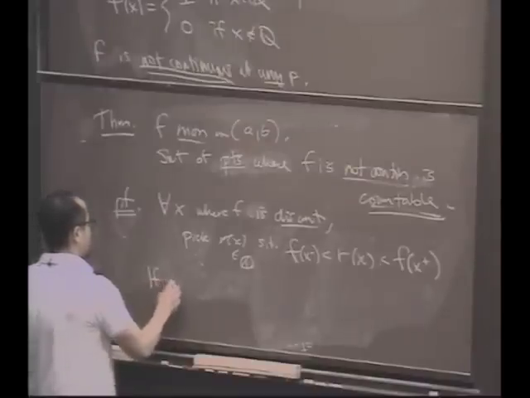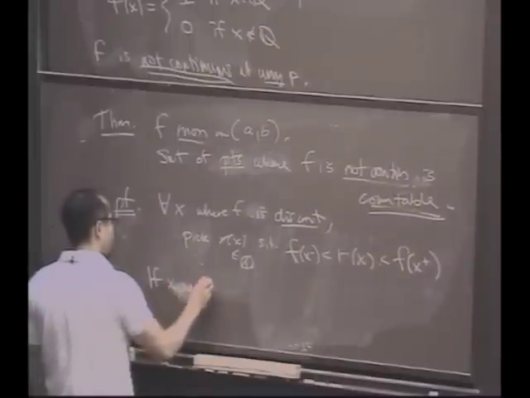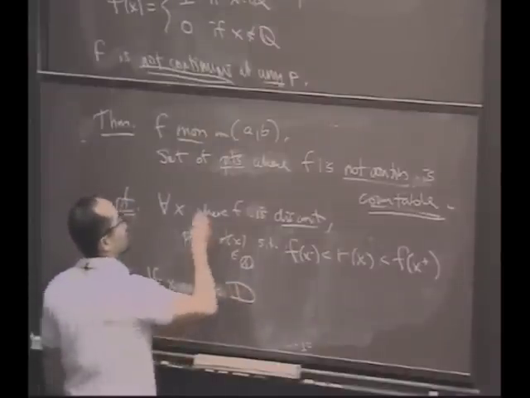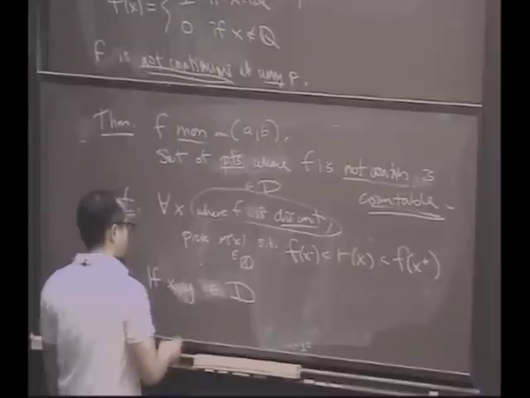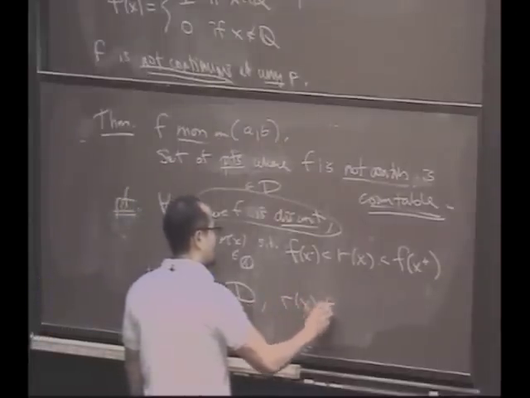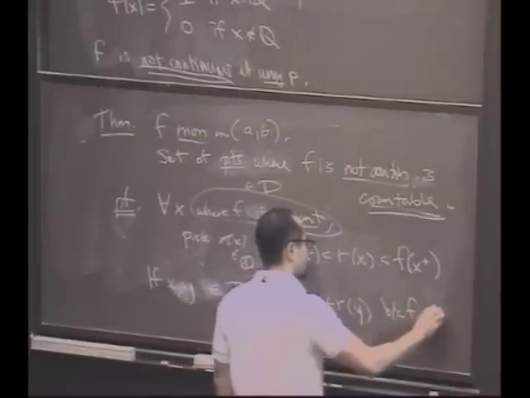So if x and y are both in the set of discontinuities, let me just call this thing D, then R sub x does not equal R sub y because f is monotone.